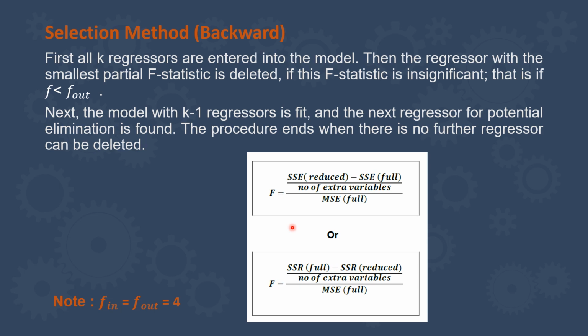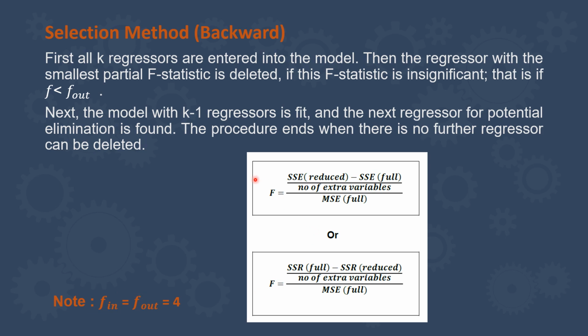In backward elimination, we have these two criteria, F in and F out. However, in the case of backward elimination, we focus more on the F out, where typically we set this value at 4.